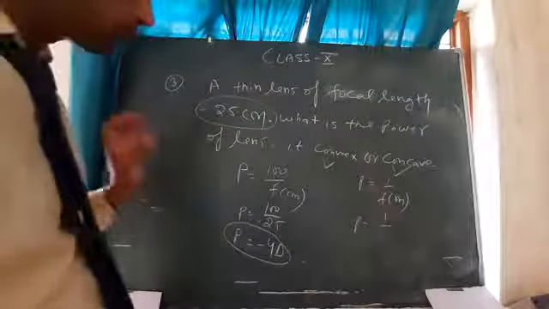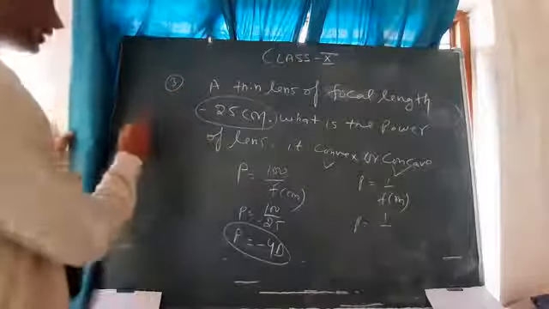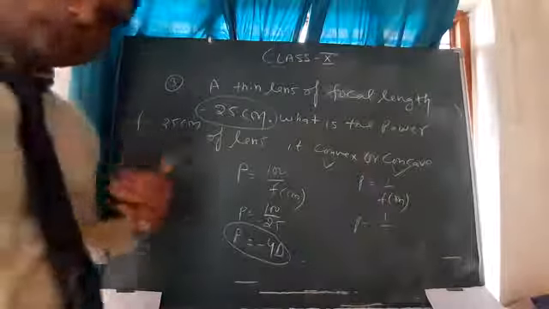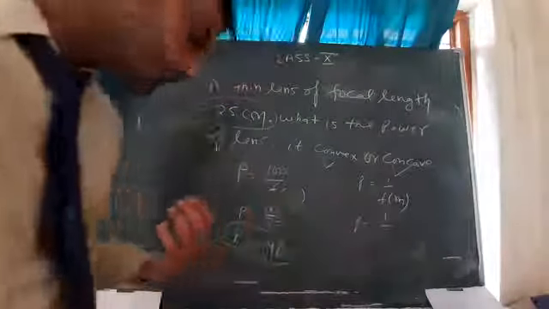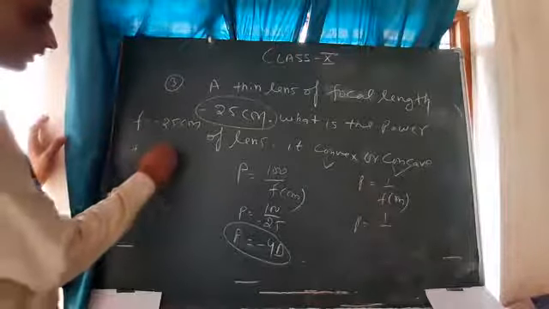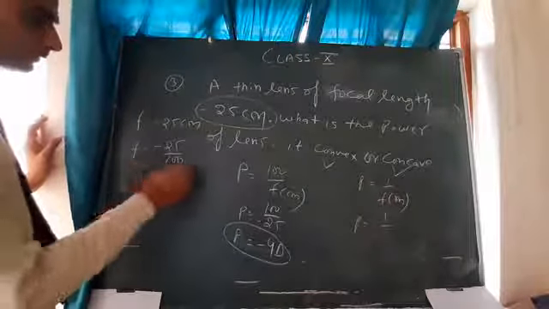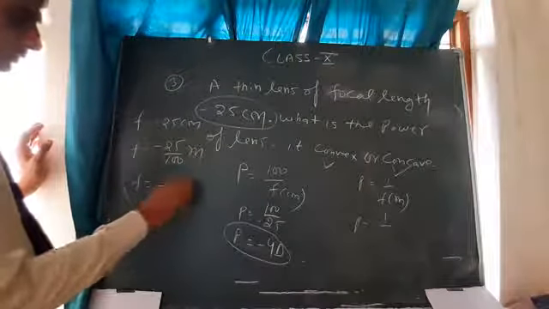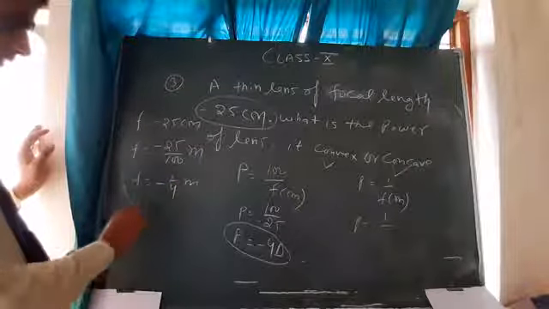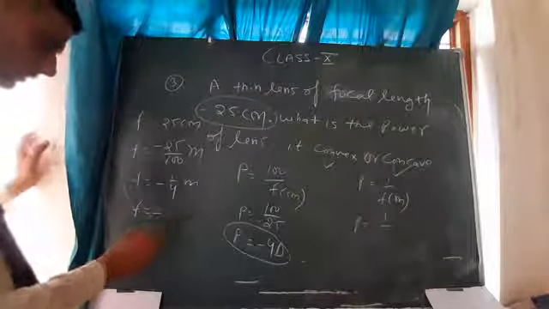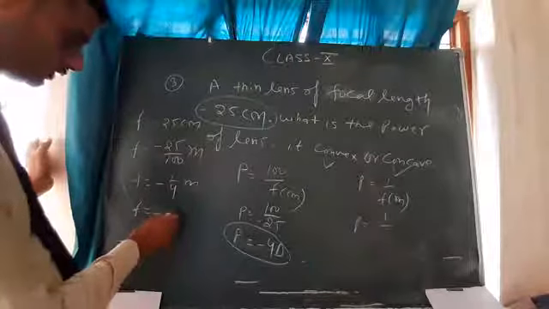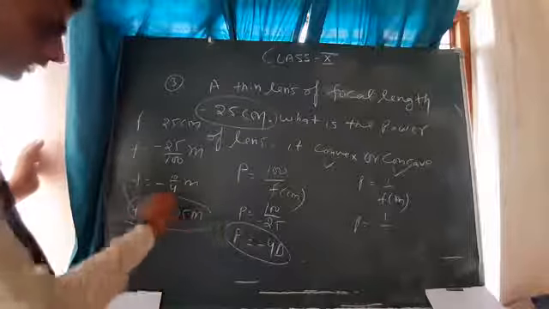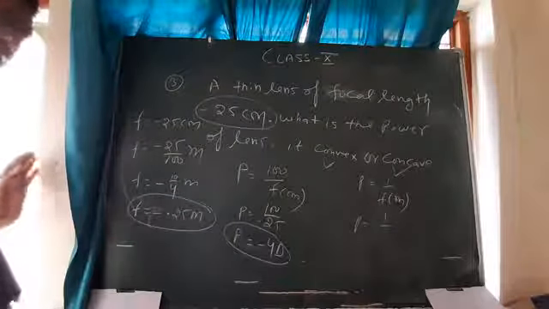it means first of all we have to convert this focal length F equal to -25 centimeter into meter. So how can we convert centimeter into meter? By dividing by 100. 25 upon 100 in meter. So F equal to -1 upon 4, or you can say -0.25 meter.